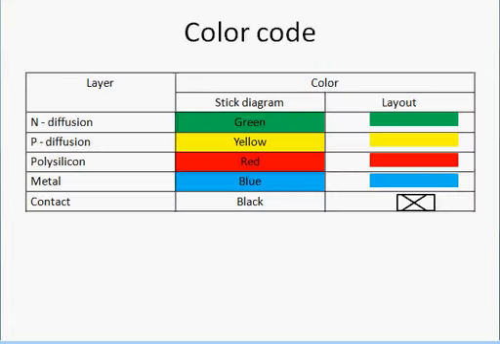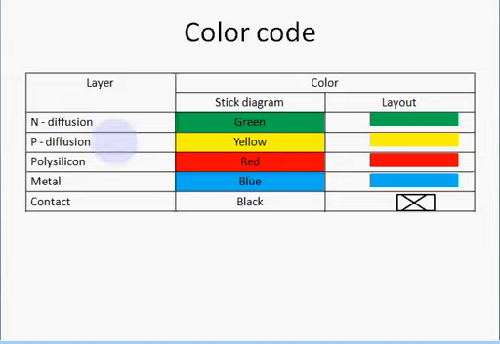Before going into the lambda rules or stick diagram, you must know the different colors used while drawing this diagram. Now look at this table. I am focusing in this video on only five materials. First is N diffusion, which is used for the source and drain of N MOSFET.